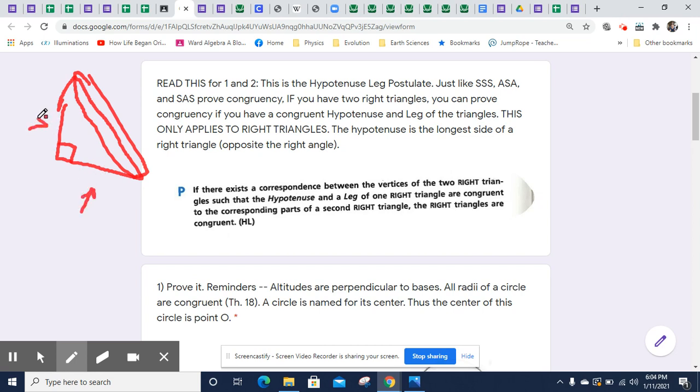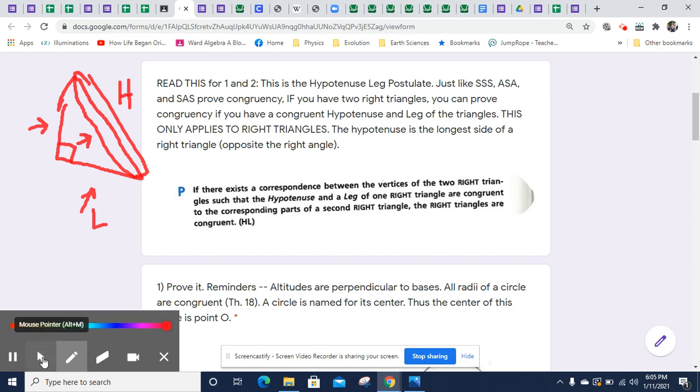So if you have a leg and the hypotenuse of two right triangles being congruent, then those triangles are congruent. Now, it says it really fancy here, of course. The hypotenuse is the long part of the triangle, and it is opposite the right angle of the triangle.